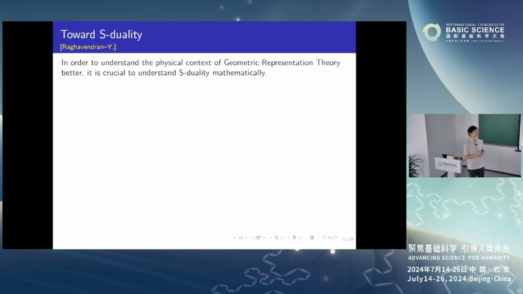We are trying to conjecture and prove that two things are equivalent, but which two things are equivalent? I have no intrinsic idea of how it works. I just had to believe what physicists say. So I wasn't really happy, and that's why I wanted to understand this duality itself a little better.